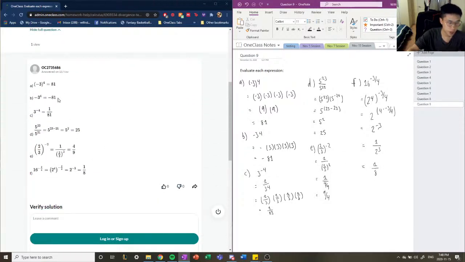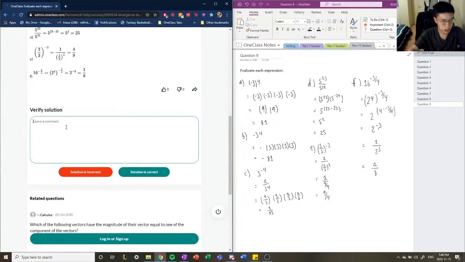So the junior tutor provided the solutions here. They didn't do the step-by-step. But for E, they forgot to flip the fraction. So the solutions to A, B, C, D, and F are correct. The solution to E is almost correct.